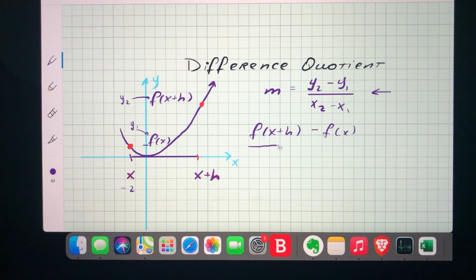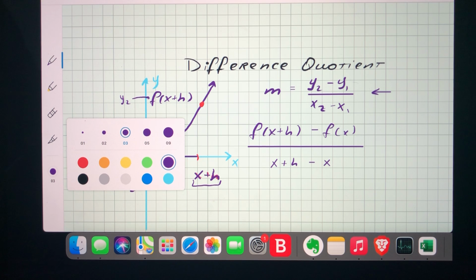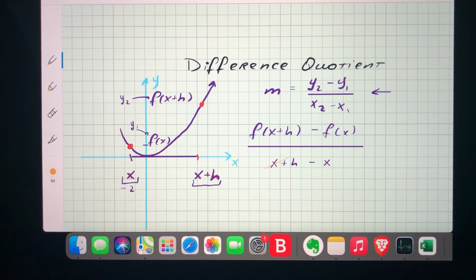And on the bottom we have x2, which is the second x number, x plus h, minus the first x number, which is x. Now we know that plus and minus x cancel each other off because they're the same quantities with opposite signs.